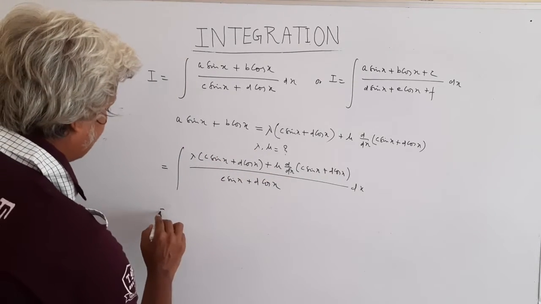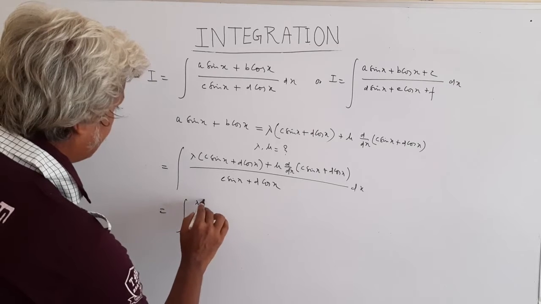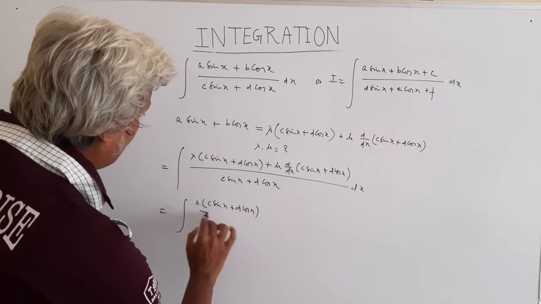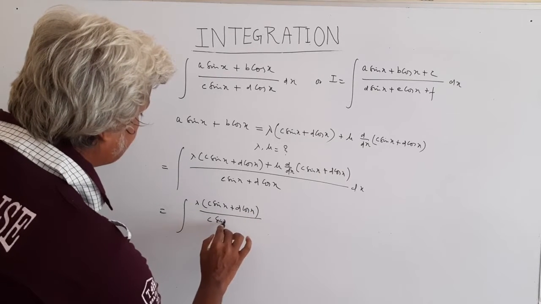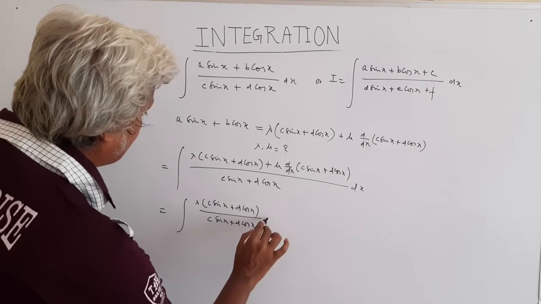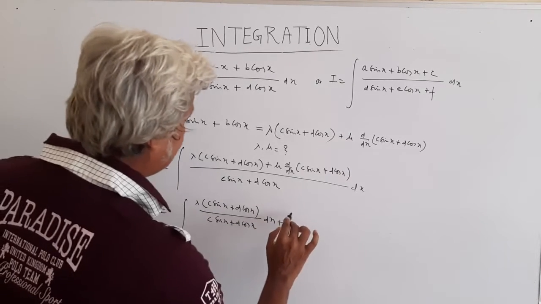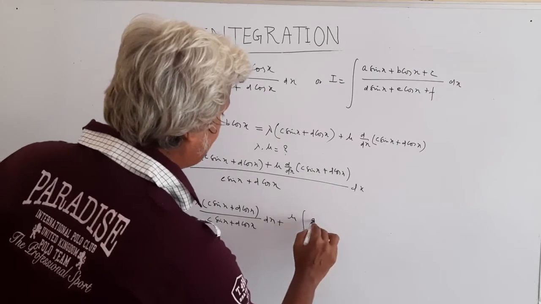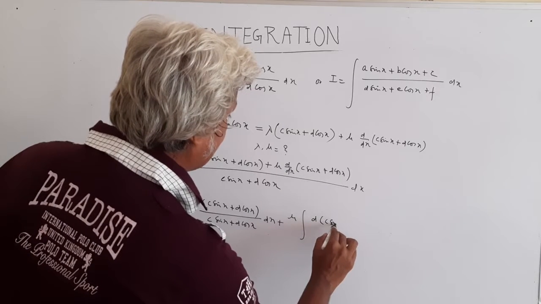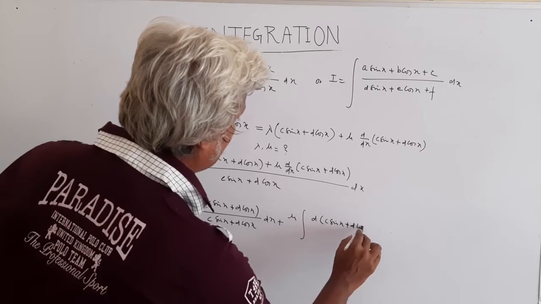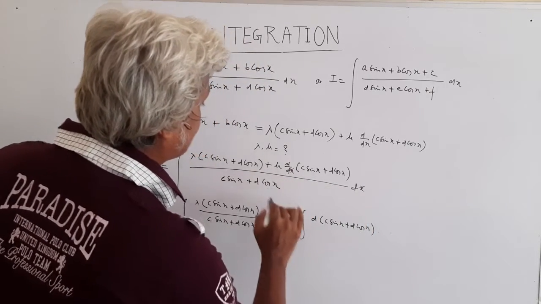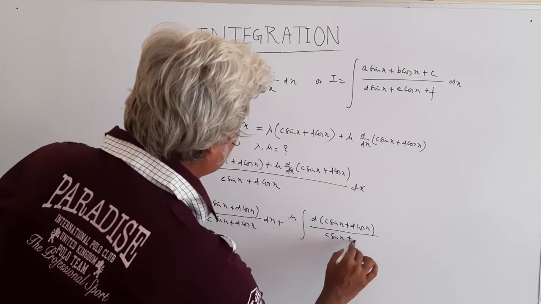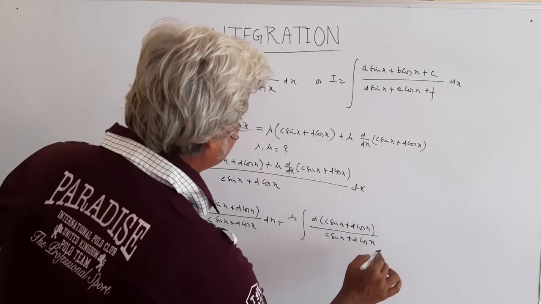So this takes the standard form: the integral of lambda (c sin x + d cos x) over (c sin x + d cos x) dx, plus mu times the integral of d(c sin x + d cos x) over (c sin x + d cos x).